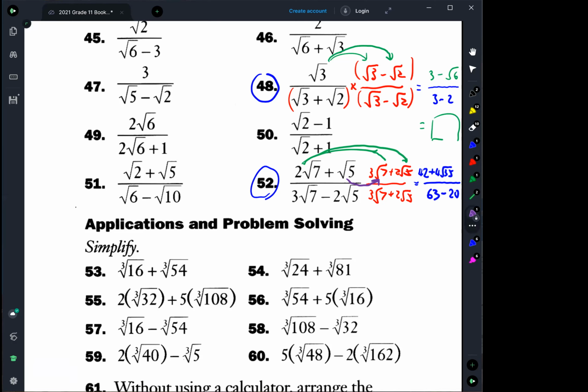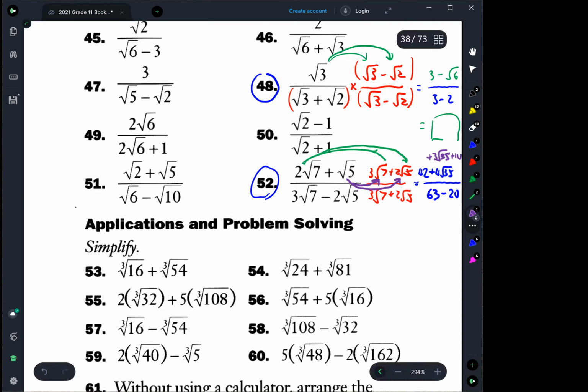The root 5 we get 3 root 35, also plus. And then the last part is 2 root 25, so the 25 gets square rooted, so it's 2 times 5, which is 10.